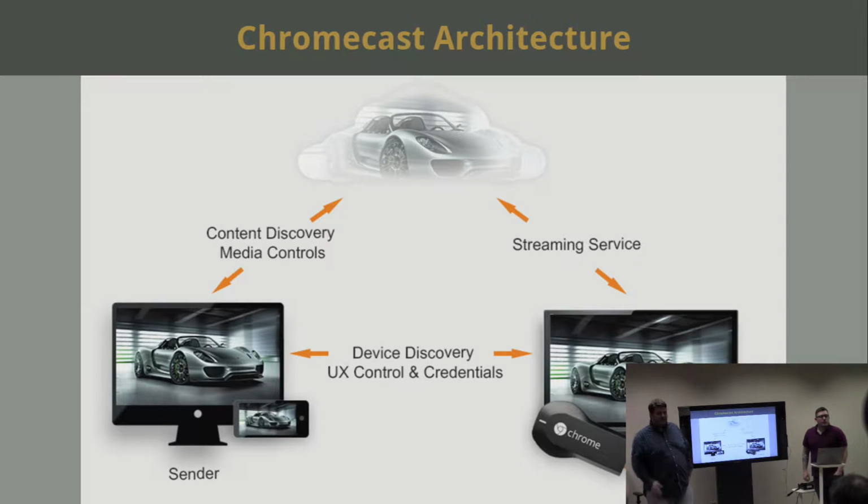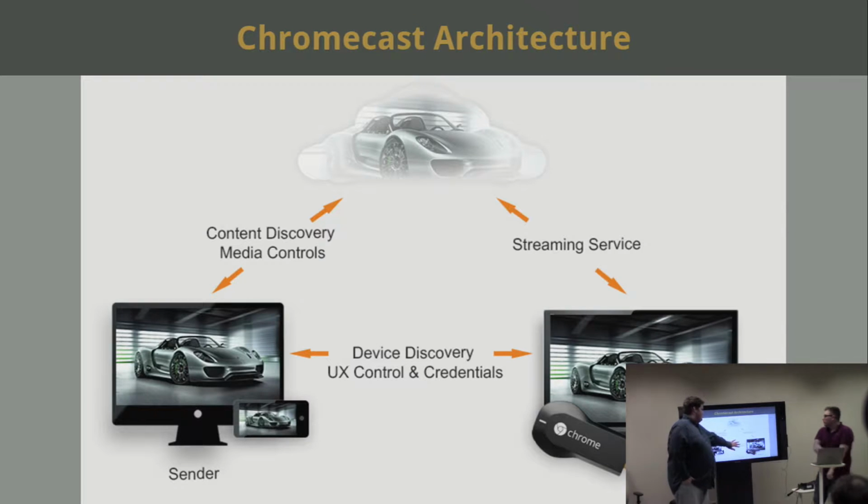If you're not on the same network, it'll use a subsonic ping to establish that connection. But you both still need internet access, because it's making that connection through Google's cloud.